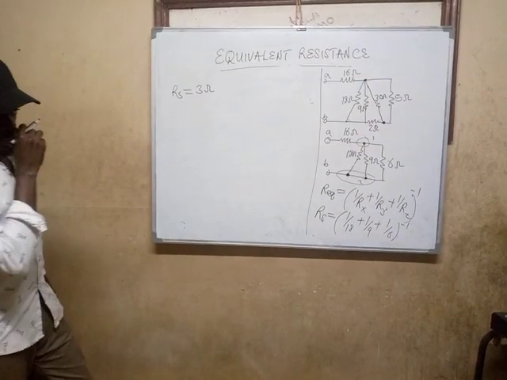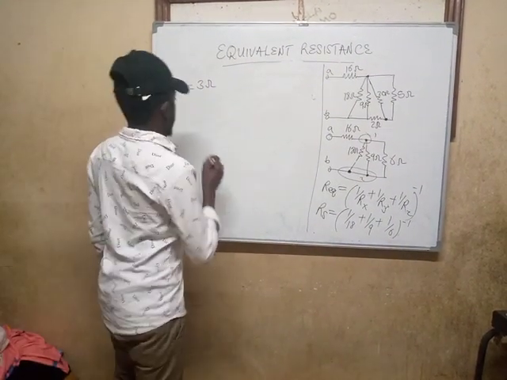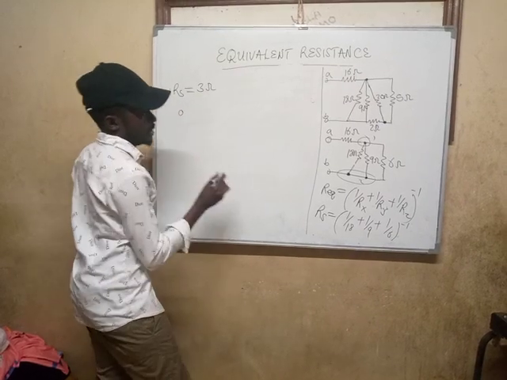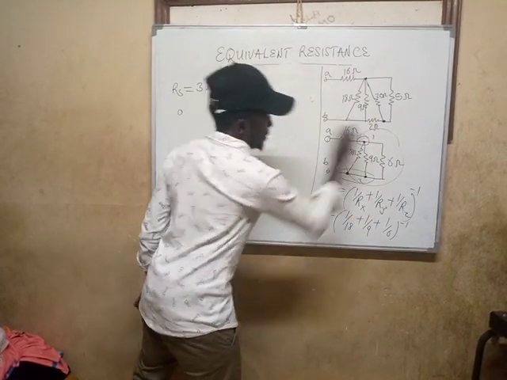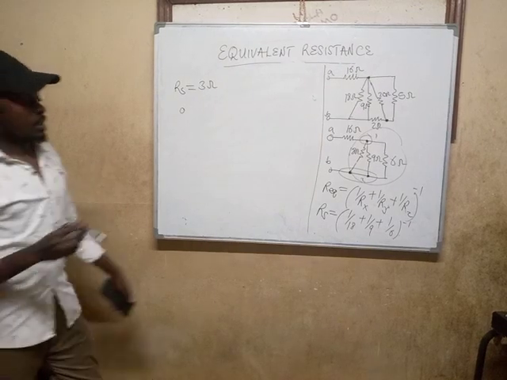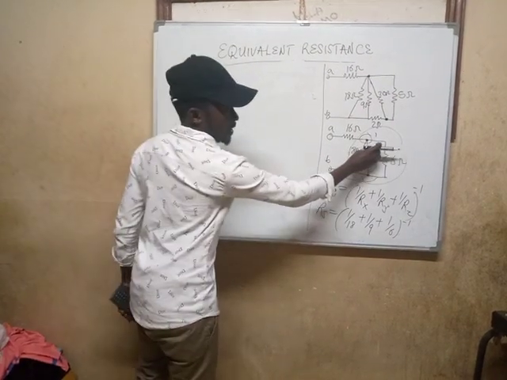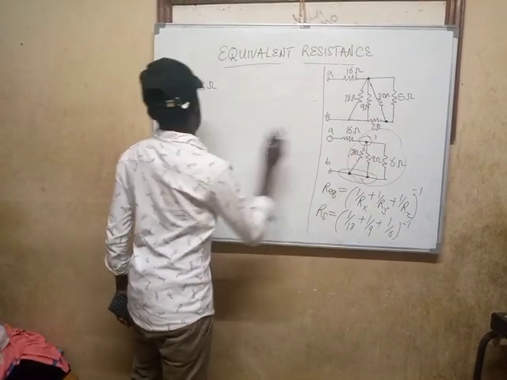So if I redraw the circuit, now that all these are combined, I am remaining with a single resistor here.